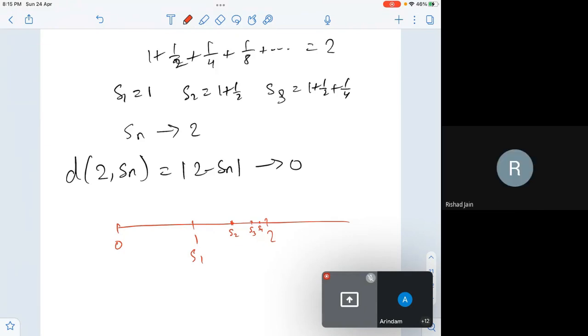Yeah, it's just limiting to 2. Can you give me a formula for this 2 minus Sn in terms of n? Let me actually do it as S0, S1, S2.